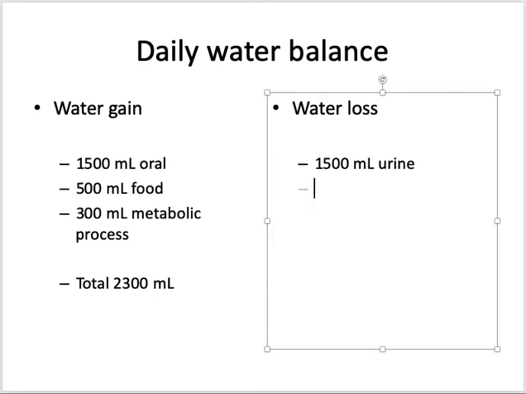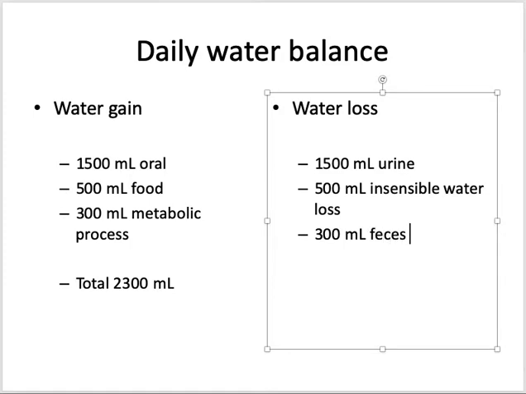So basically, 500 ml which we take in food, we lose in the form of lungs and skin, and we call it insensible water loss. Another 300 ml of fluid we lose in the form of feces.